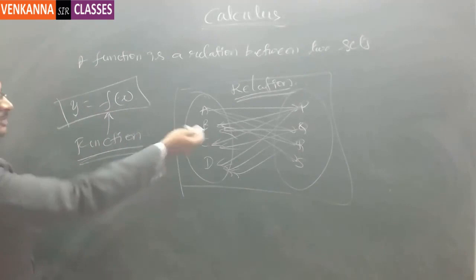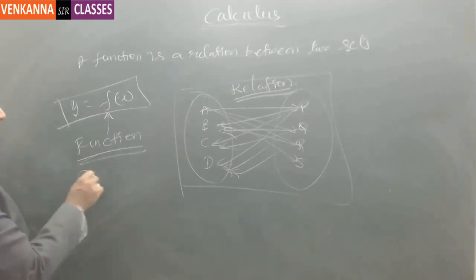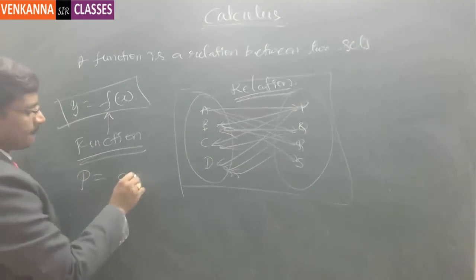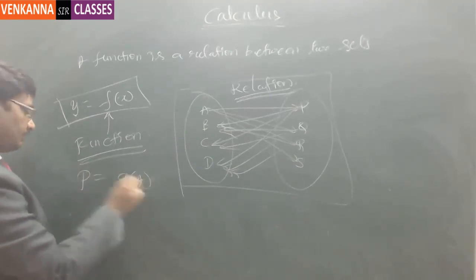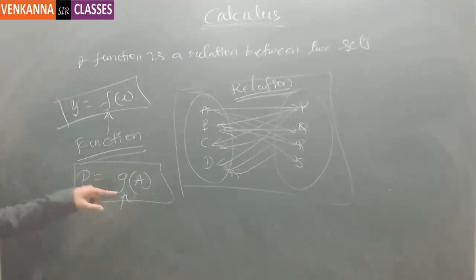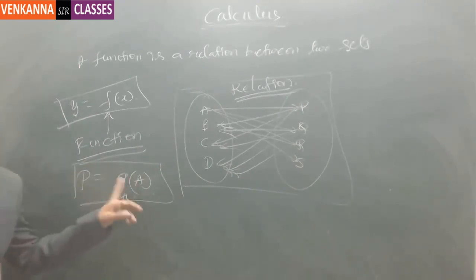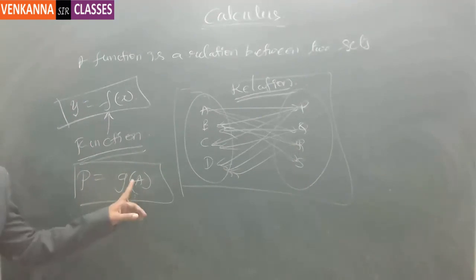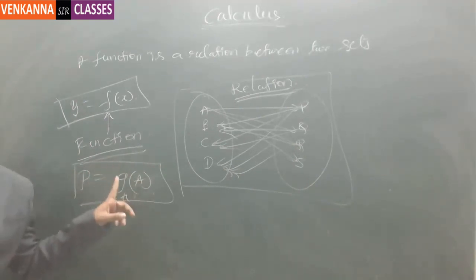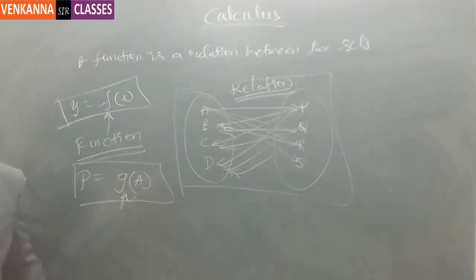For example, suppose you take one more person there, let us say P is dependent in some manner like this. So there is one kind of relation there. Depending upon that relation, the behavior of these two persons is dependent. If this guy changes, obviously this person is going to change depending upon the relation he has. And this specific relation we call a function.